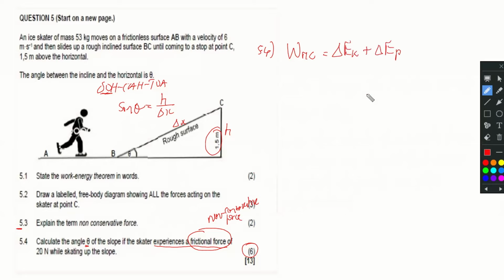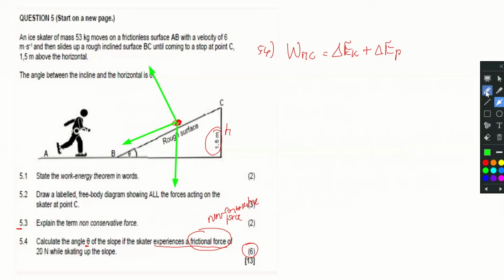Now, from here, we can observe that our only non-conservative force is what? The frictional force. Again, if we can redraw our free body diagram, remember that we had normal force, which we did state that normal force is a conservative force. And then we also have gravitational force, which is also another conservative force.